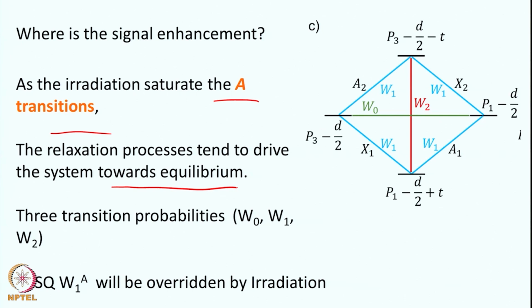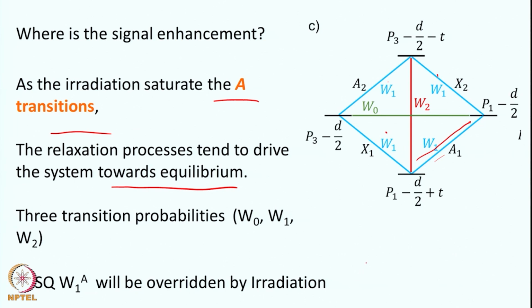As we have discussed earlier, there are three kinds of transition probability. Two are for the A spin: this is called omega 1, a single quantum transition, and again omega 1, a single quantum transition for the two A spin transitions, and two for the X spin, also single quantum transitions.